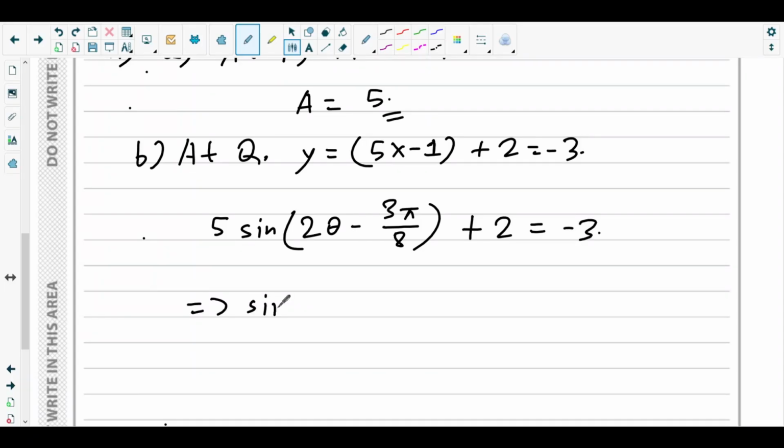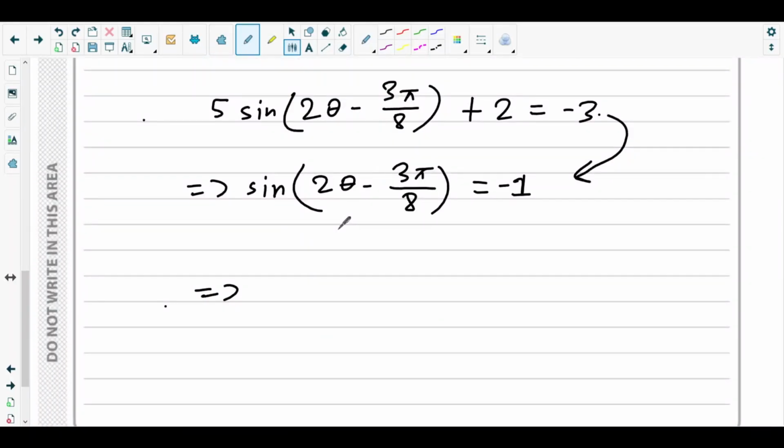We could directly consider sine of 2θ − 3π/8. We would not need to consider the whole equation because we are just dependent on the value of sine theta here, which is negative 1. You can get it from this equation also, but we could do it directly. So 2θ − 3π/8 would be sine inverse of negative 1.